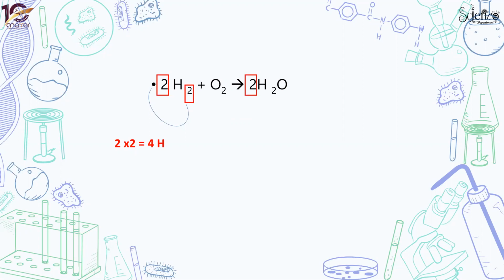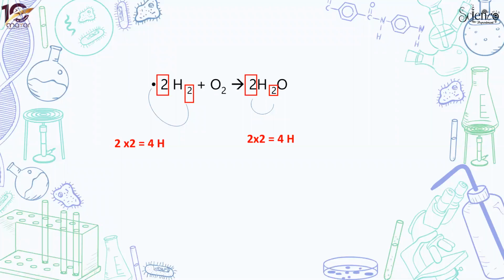So I'm going to multiply 2, the coefficient, times 2, the subscript next to hydrogen. 2 times 2. So again, I have 4 atoms of hydrogen. So I have 4 hydrogen atoms in the reactant, 4 hydrogen atoms in the product. So okay, the hydrogen atom number is equal on the 2 sides.